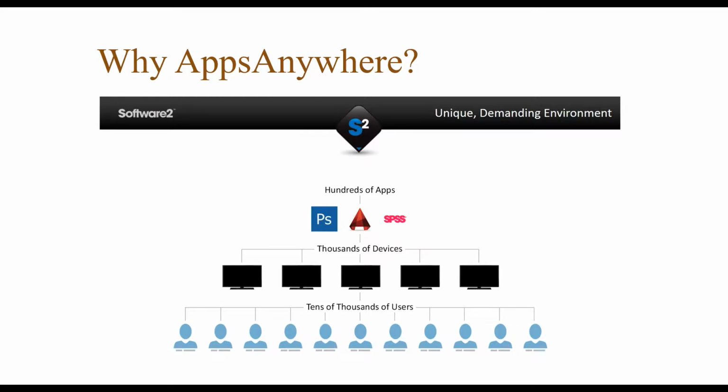Because everyone else had solutions to install Office, to install Acrobat and things like that, and preferably on a domain-joined computer. But we have lots of applications, and the complexity of managing bring-your-own-device, where you don't know anything about the machine. And I think AppsAnywhere seemed like a really nice solution for that.